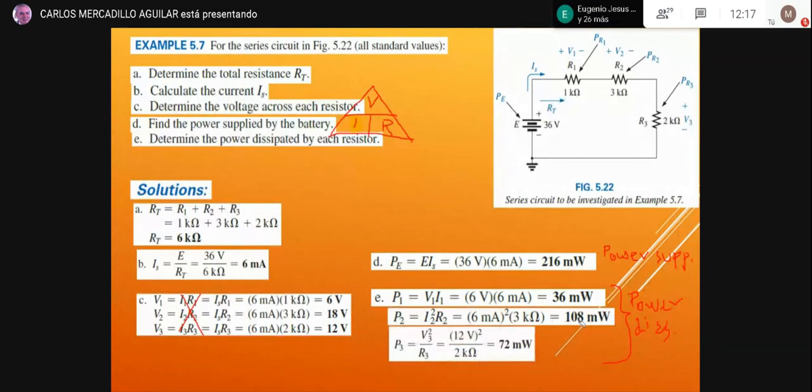And in the third case, we are using the third formula, that is V squared divided by R. So we have here the voltage drop V3 is 12 volts. We put it here and square it, and divide by the resistor, which is 2 kilo ohms.